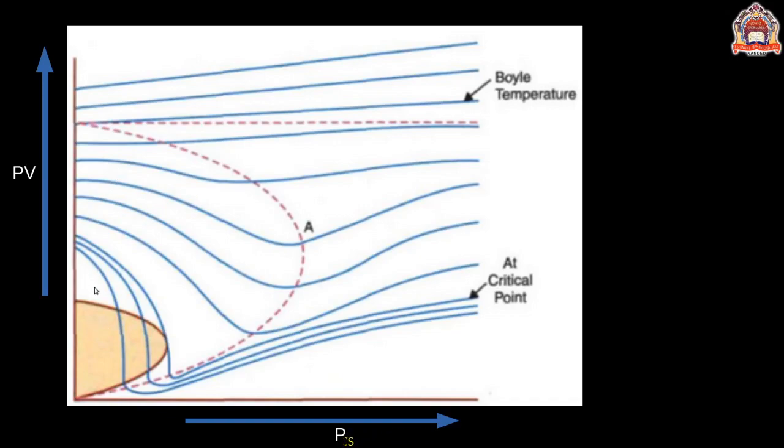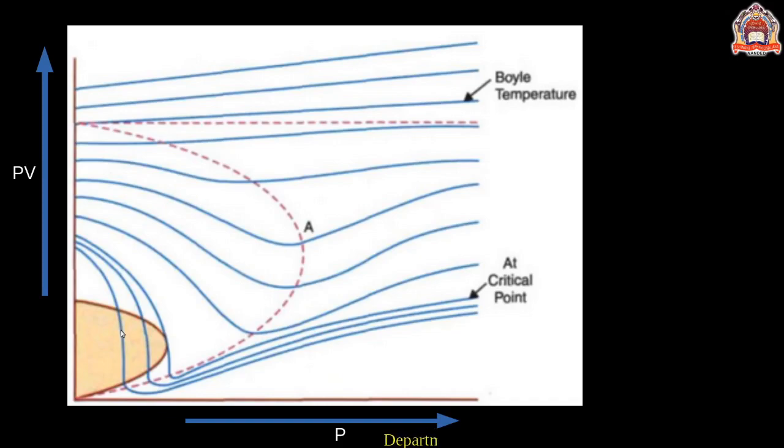So at a lower temperature the maximum changes occur, and as we are increasing the temperature the changes are minimum there. So this line or this initial decrease represents the change of state of gas to liquid. So this region is nothing but the liquefaction region.